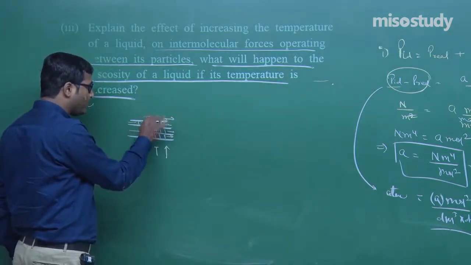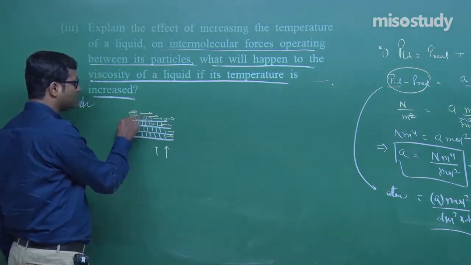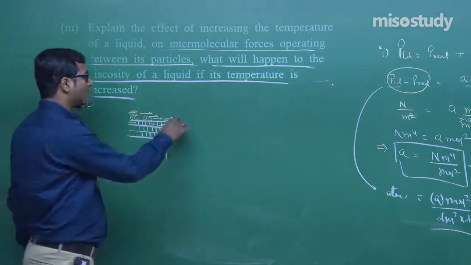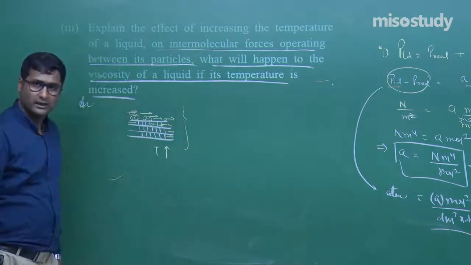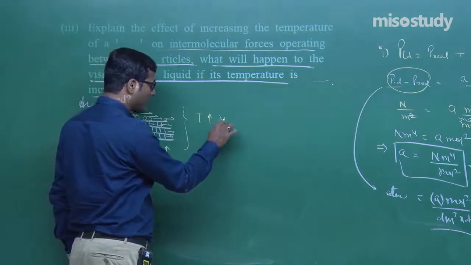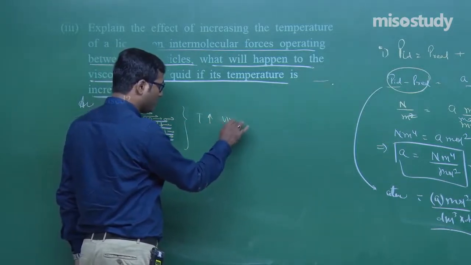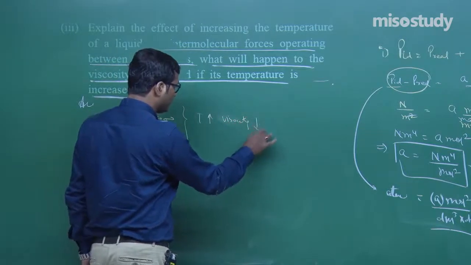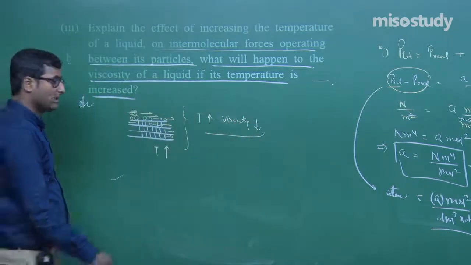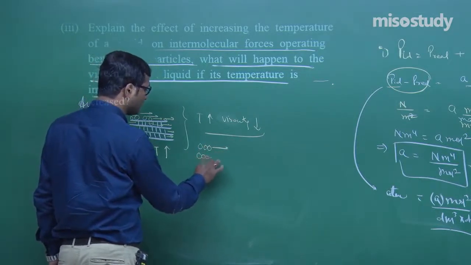So we say, with rise in temperature the viscosity decreases and the liquid starts to flow. Again I am repeating, with rise in temperature, viscous drag, viscosity decreases, my friend. That is, the particles start moving, start flowing easily. This is the case, my friend.